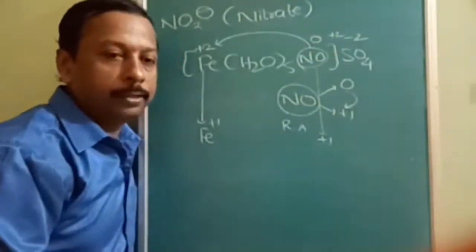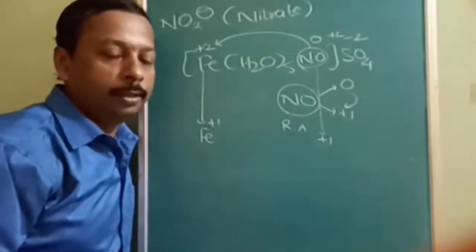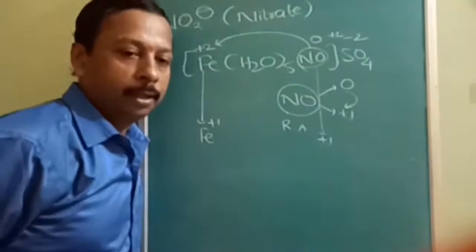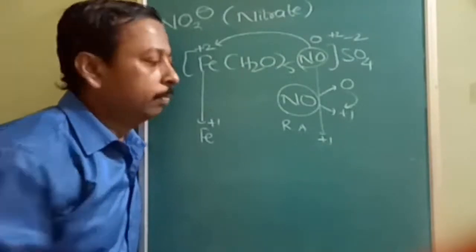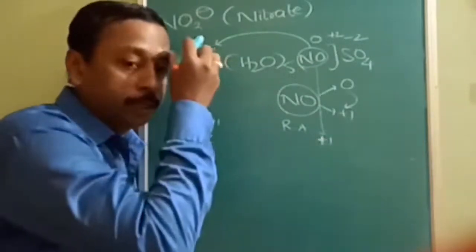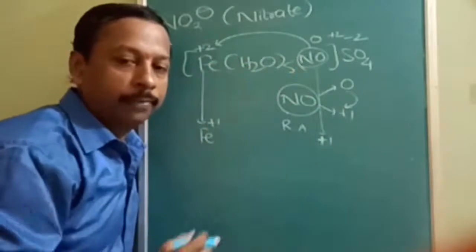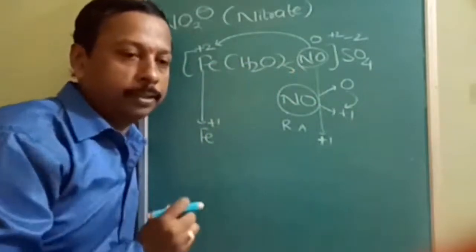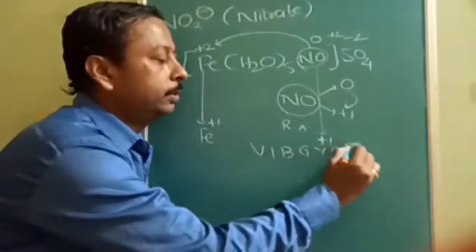Oxidation number of iron changes from plus 2 to plus 1. Oxidation number of NO changes from 0 to plus 1. Brown coloration is due to this electron transfer only. For this electron transfer, some energy is required. So in VIBGYOR, what is the complete color?